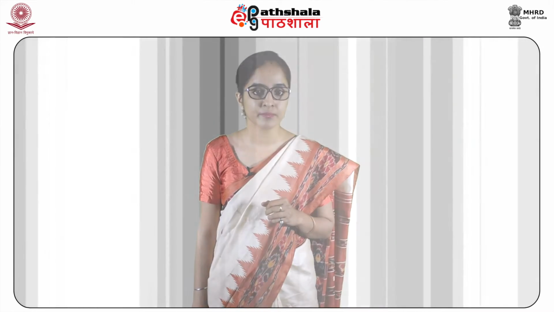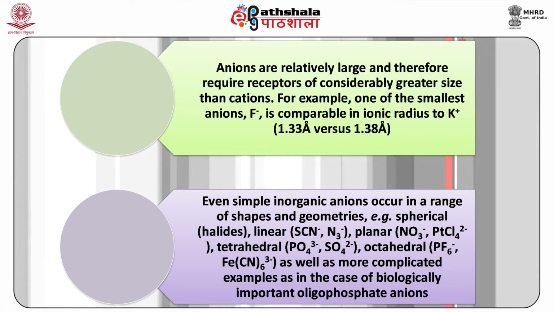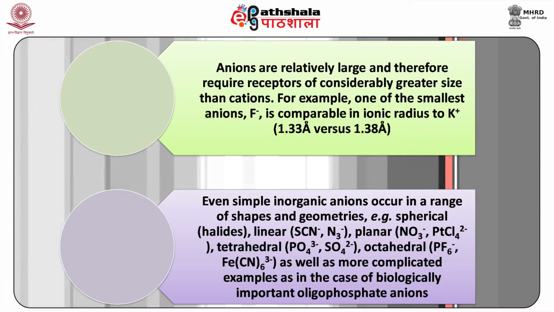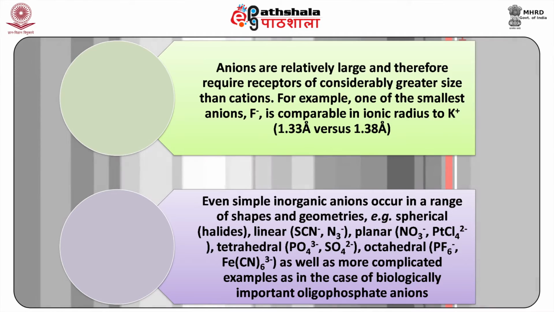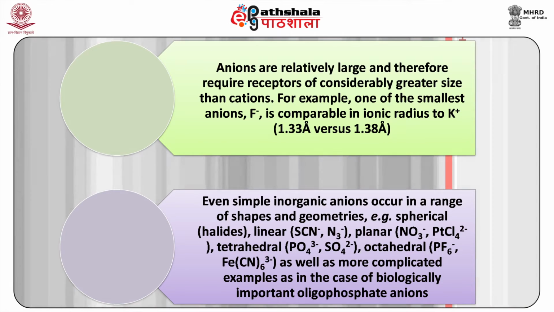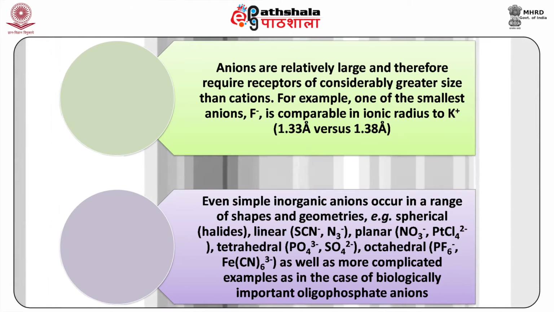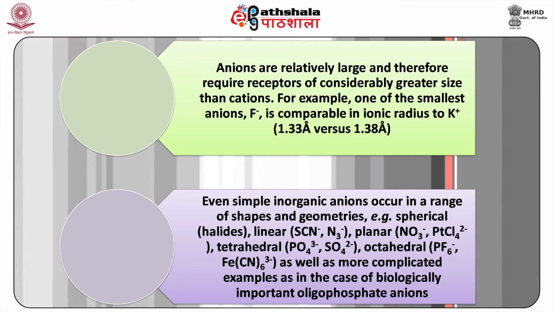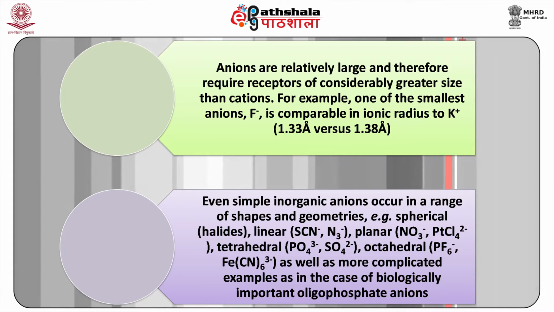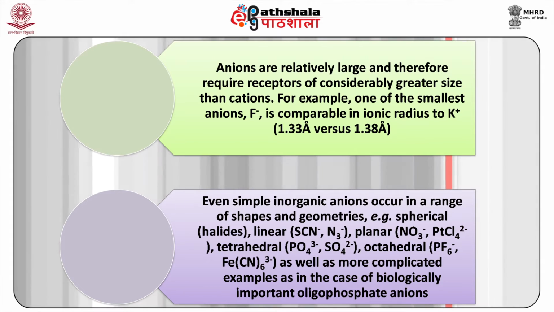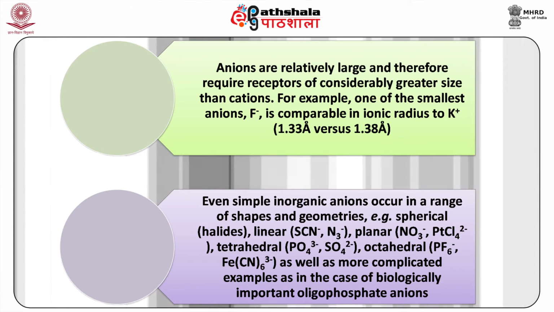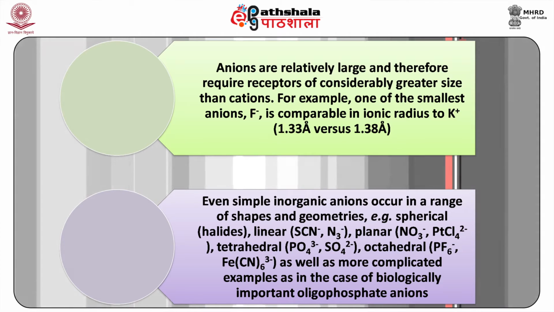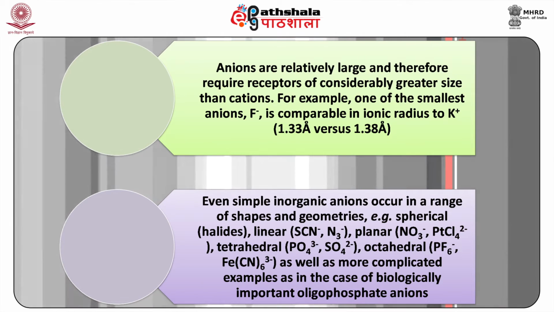First, anions are relatively large and therefore require receptors of considerably greater size than cations. For example, one of the smallest anions known, F-, is comparable to the potassium cation in ionic radius, that is 1.33 angstrom versus 1.38 angstrom.